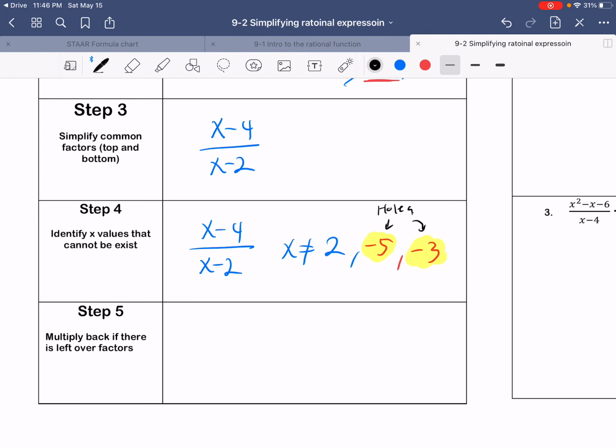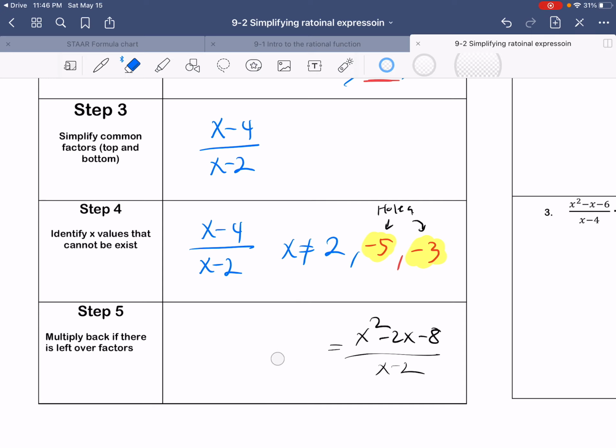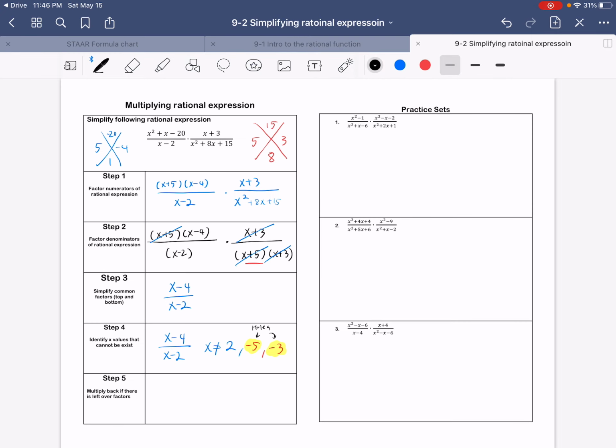What it means is, let's say you have something like this, you just multiply this one back so that you can have something like that. But it's not that necessary yet, but that can be one thing that you have to do.